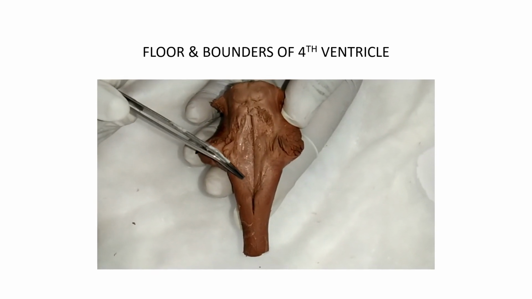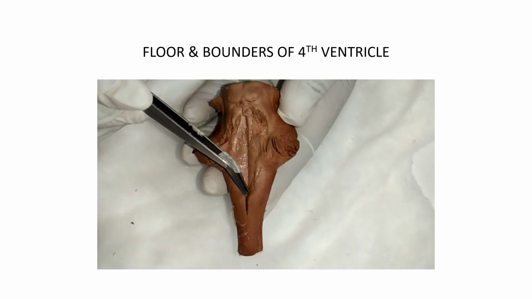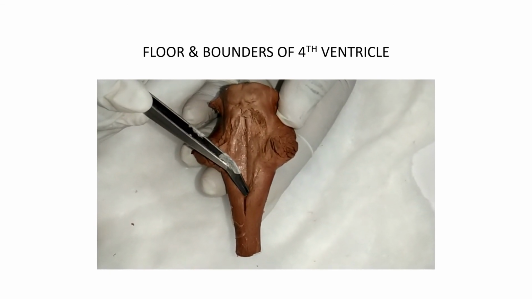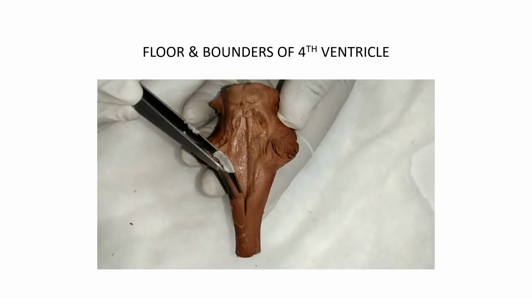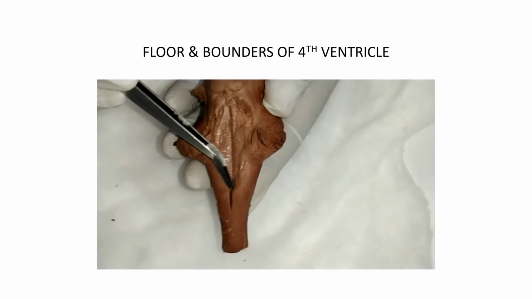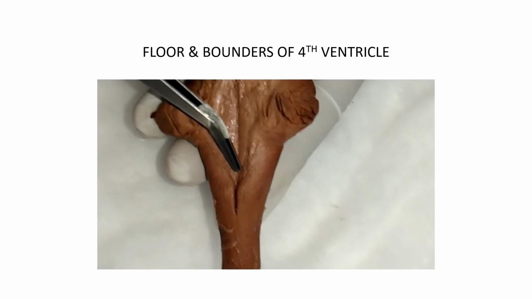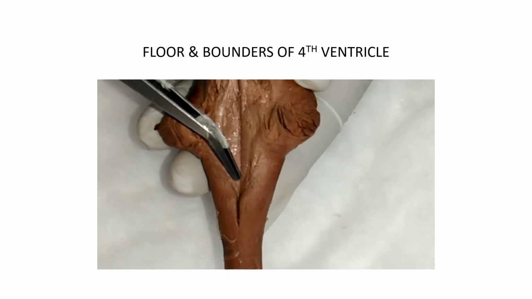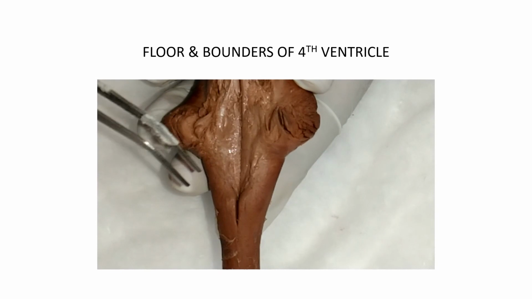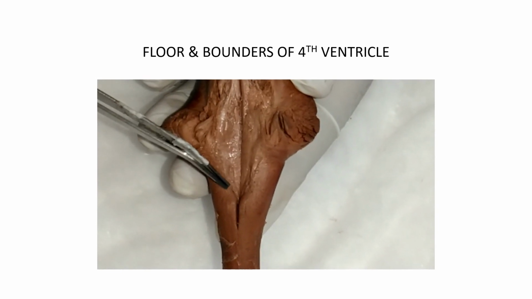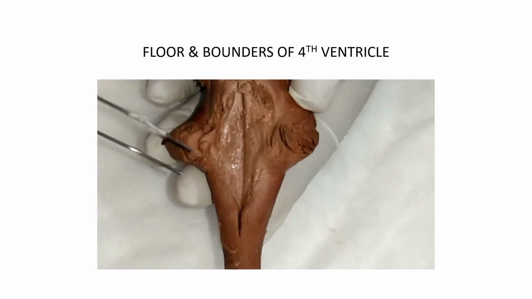These two taeniae meet at the inferior angle over here to form a small fold called the obex. Here, the obex forms the roof of the inferior angle of the fourth ventricle.